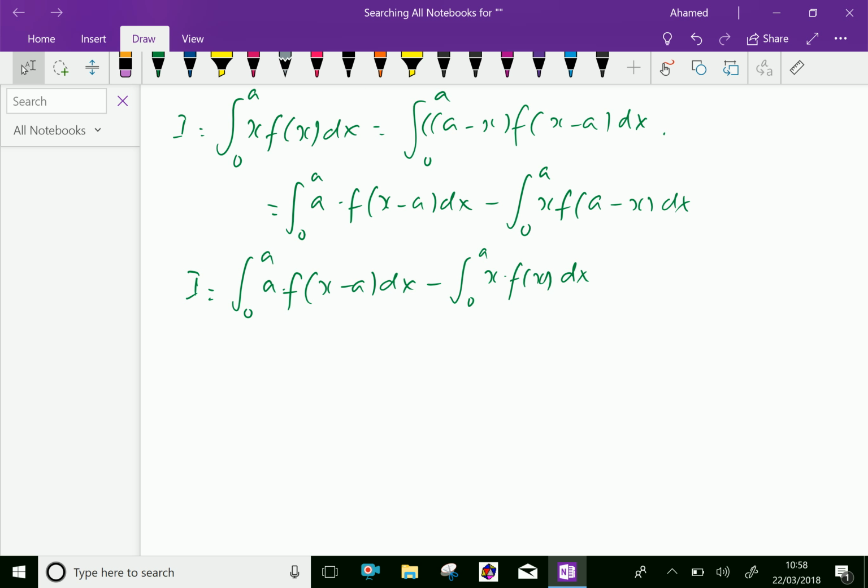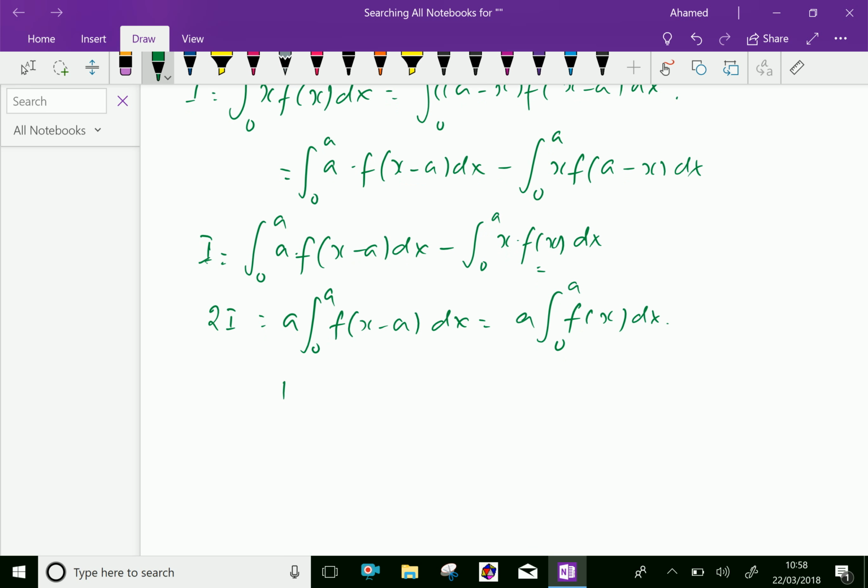So this already we expressed, I equal x in integral 0 to a f of x dx. So by folding it becomes 2I, means it is I equal a times integral 0 to a f of x minus a dx, which is equal a times integral 0 to a f of x dx.